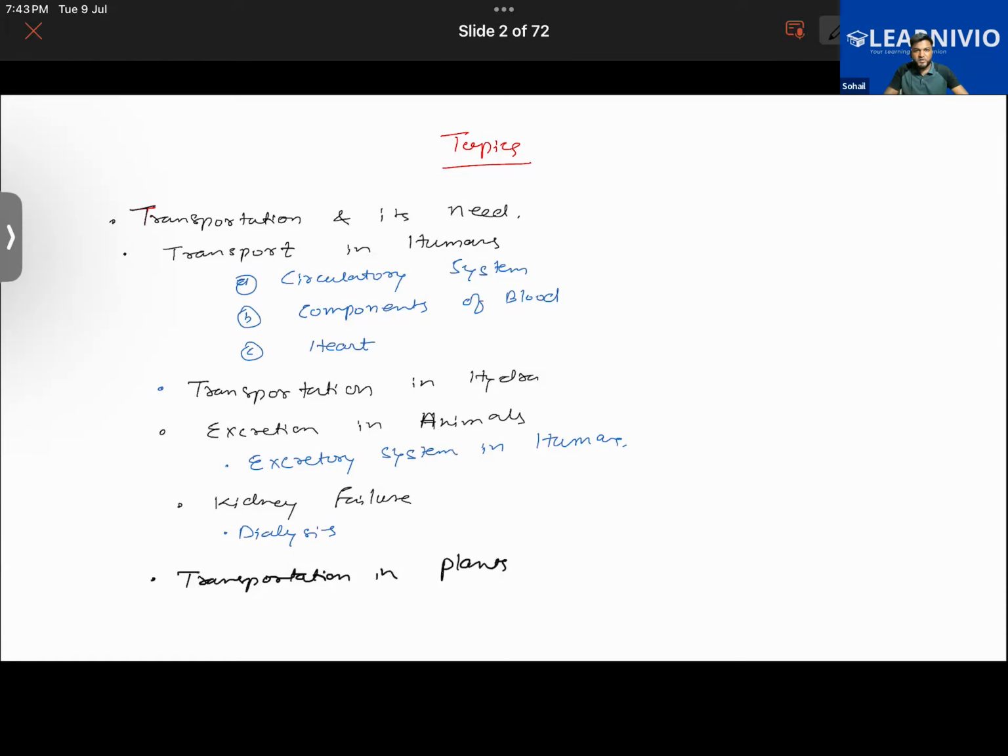There you'll be particularly learning about concepts like xylem and phloem. So all of you, first of all, write down the following topics in your copies, and then do let me know once you're done. Yes, the name of the lesson, Priyanka, is transportation in animals and plants.